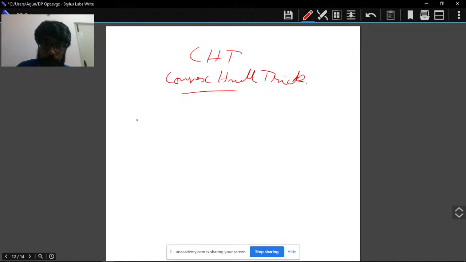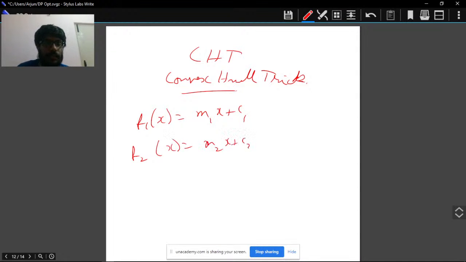Let me write it down. So you have n functions, right? f1 is linear, so it's some m1x plus c1. f2 is some other m2x plus c2. These are the functions which you have.